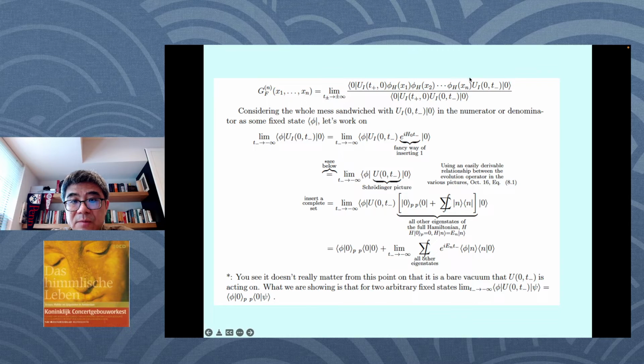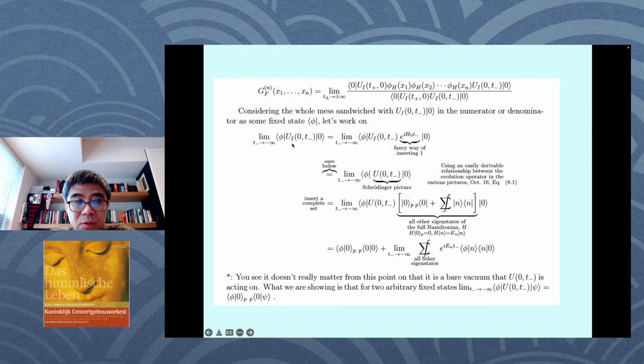So from here on we call it phi. But it is only to show you that at the end only the vacuum will contribute. So this phi could be anything. But here it denotes all the rest of the expression. So this whole thing could be written as phi UI 0 t minus 0.